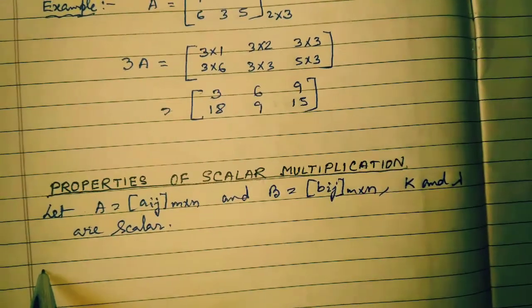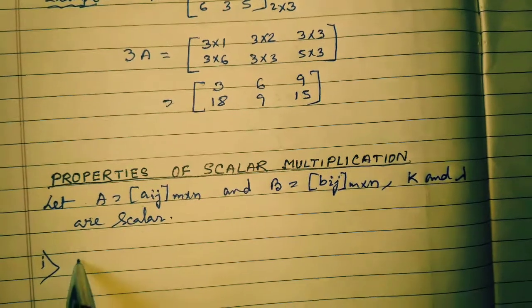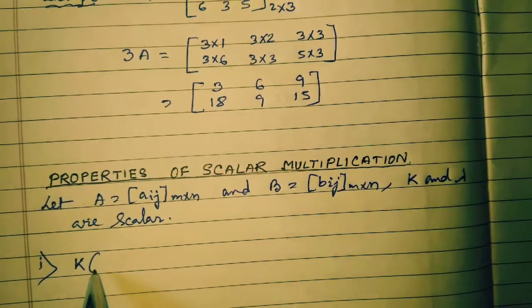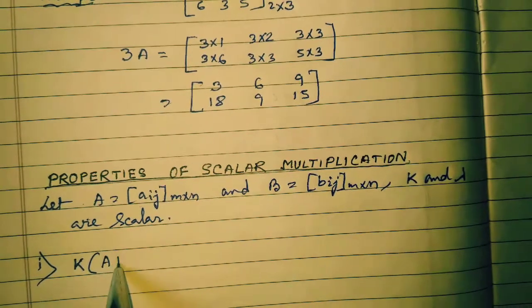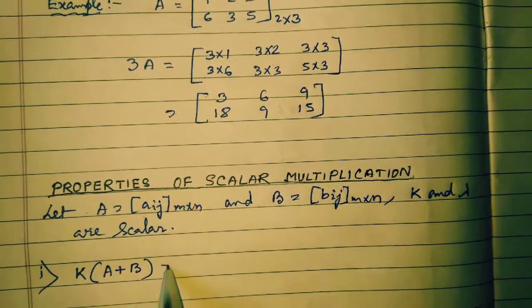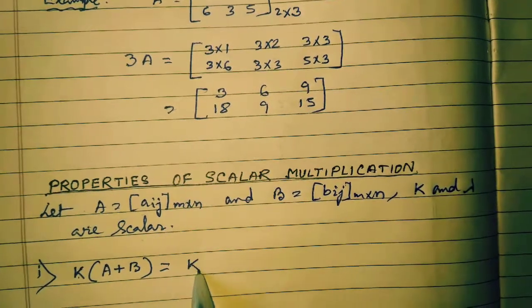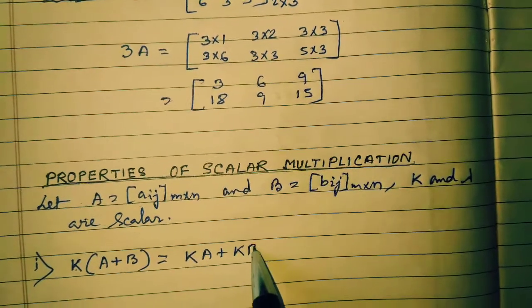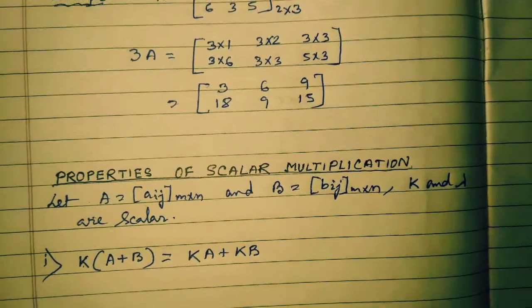Let's take the first property. If you multiply the scalar K with the matrix sum A plus B, then this equals K times matrix A plus K times matrix B. This is the first property.